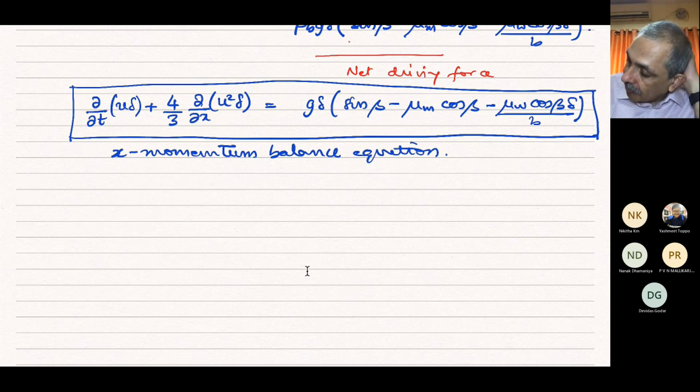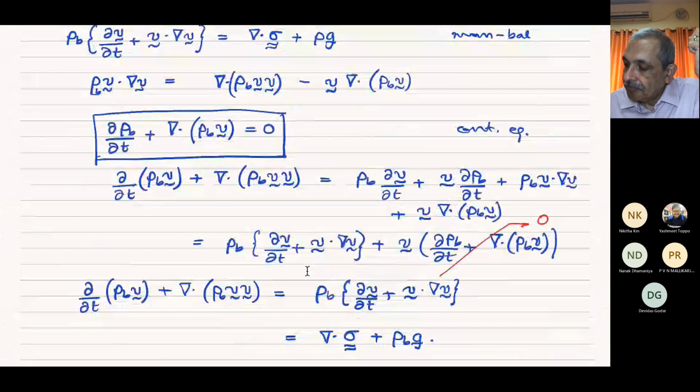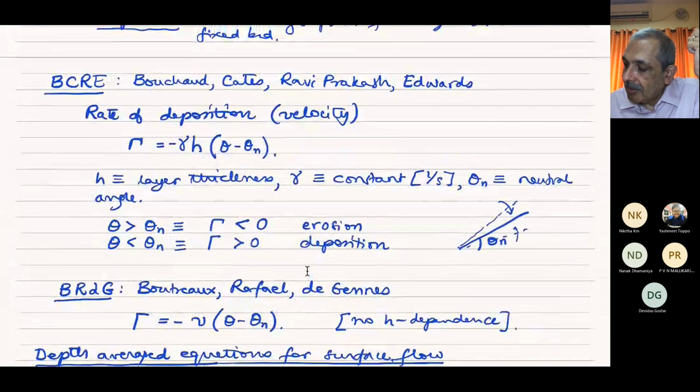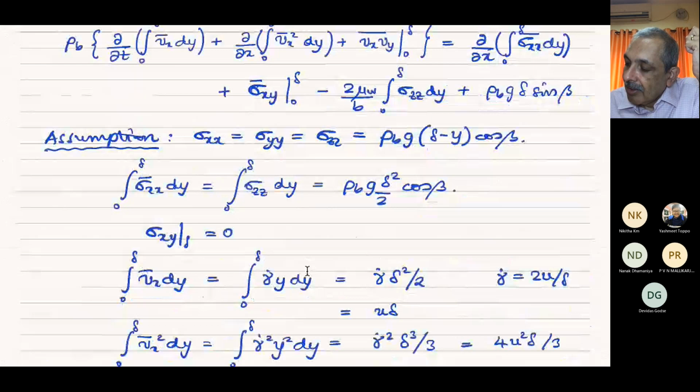But if you remember, the whole reason for doing this is we want to find out what is the rate of deposition and what is the rate of erosion. So actually we have a third variable, and if we go back to our previous lecture, then we see that really we would like to have this gamma also. What is the rate of deposition? So can we find it out from the theory?